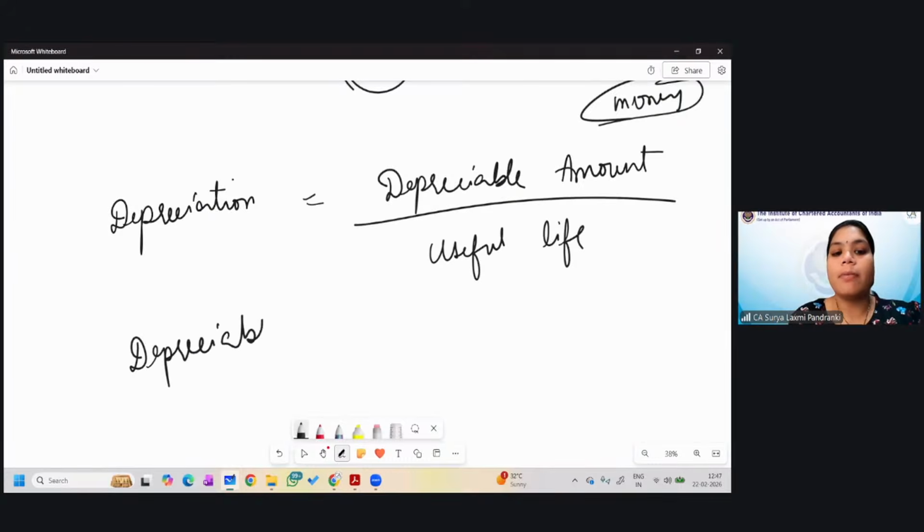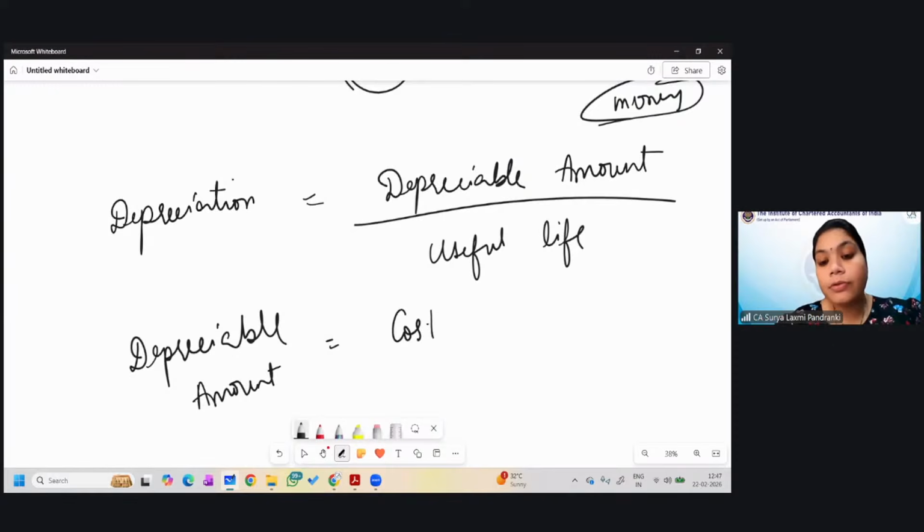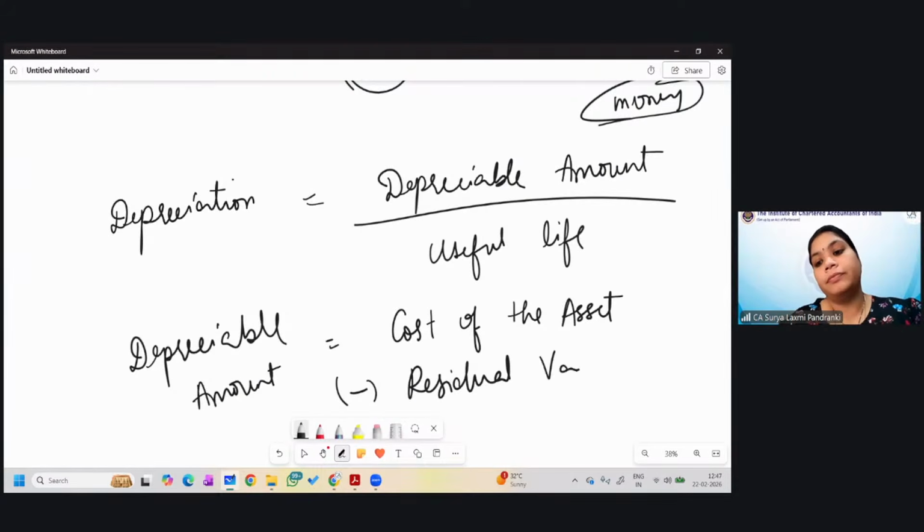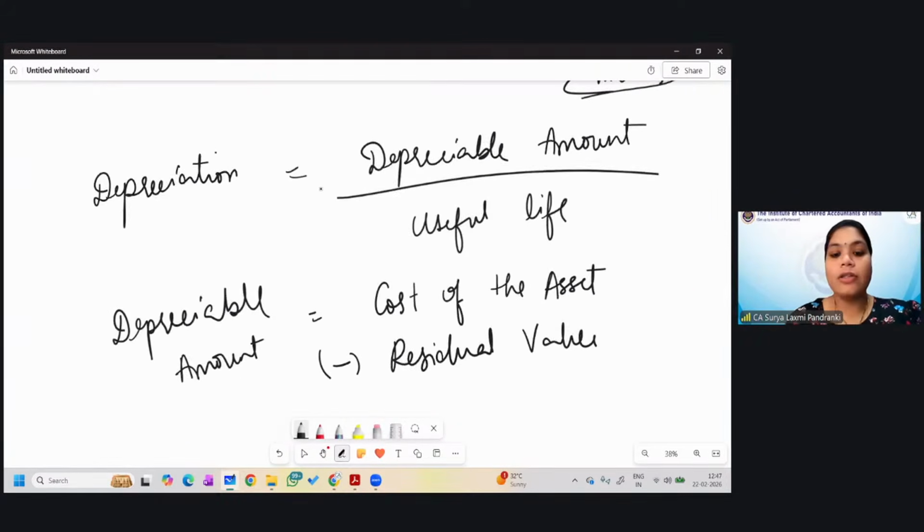What is depreciable amount? Depreciable amount is nothing but cost of the asset minus residual value. Right? I told you also these are the three factors. One is the useful life, cost of asset, and residual value. So these three are the main things for calculating depreciation. Okay.